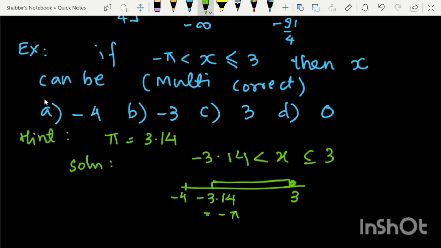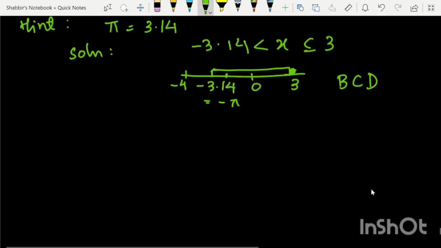So this won't be a solution. Clearly minus 3 is somewhere here, and 3 is also satisfying. 0 is also here. So the answer is BCD. Okay. Let's take another example, guys.